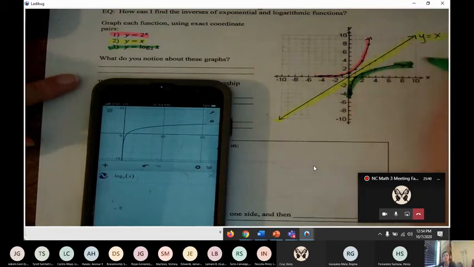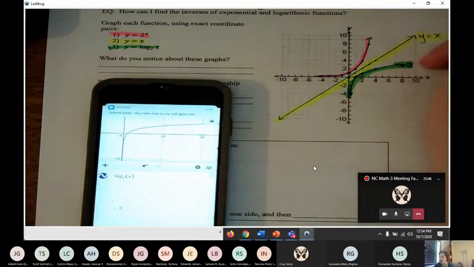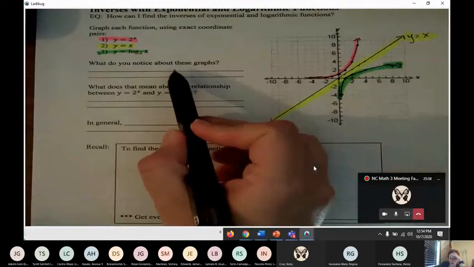Okay, now we noticed this when we did notes the other day. We noticed that the pink is a reflection across the y equals x line, the yellow line right there. Okay, and so we can write that here where we say, what do we notice about these graphs?